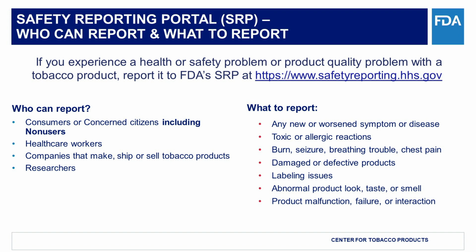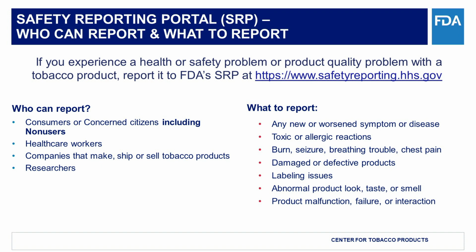The SRP streamlines the process for the public to report tobacco product problems directly to the FDA online using the secure portal internet link at www.safetyreporting.hhs.gov.